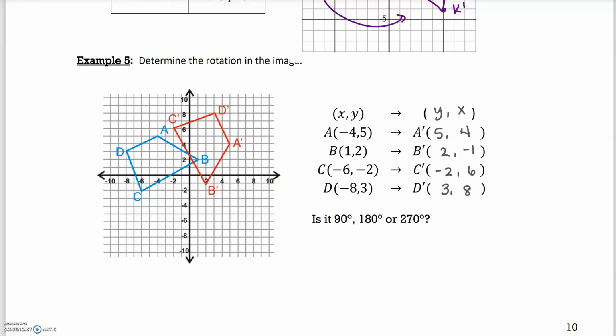And did any signs change? Looks like the X sign changed. So which one of those is that a rule for? 270 degrees. So it rotated 270 degrees.